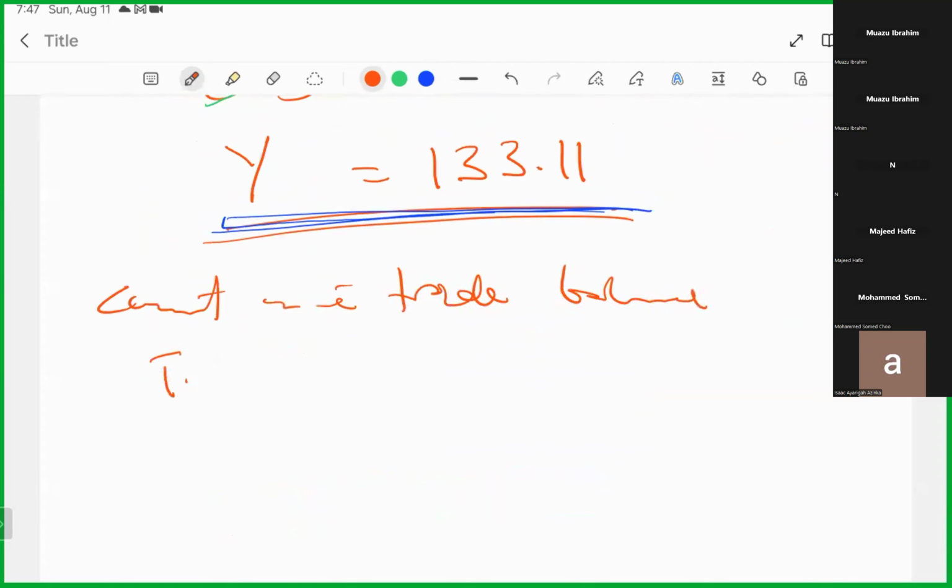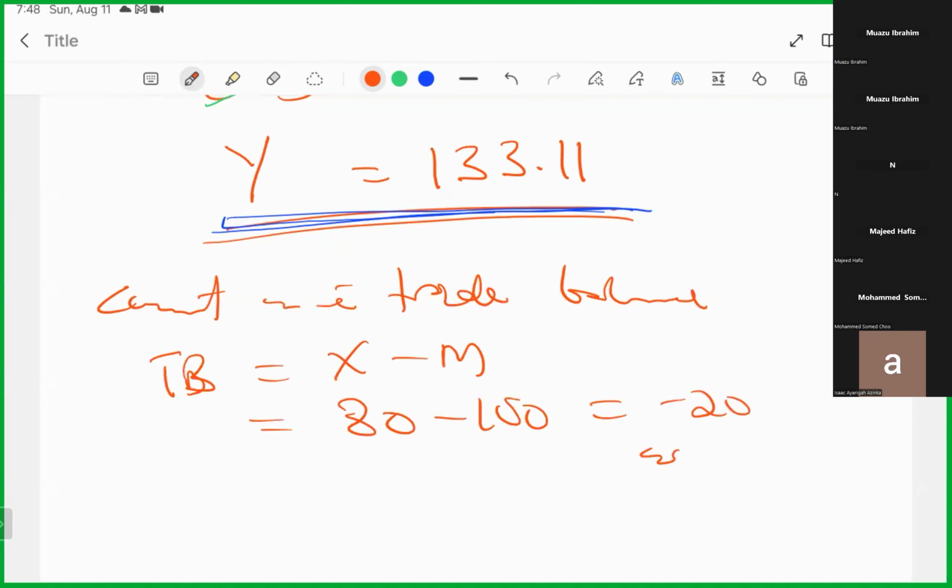The trade balance would be export minus import. So we have 80 minus 100, which is negative 20. Or you can just put it in brackets.